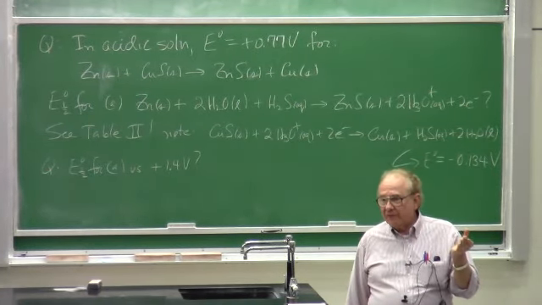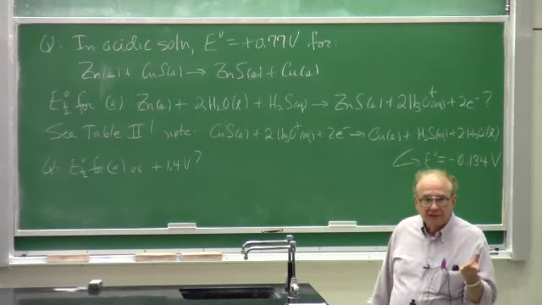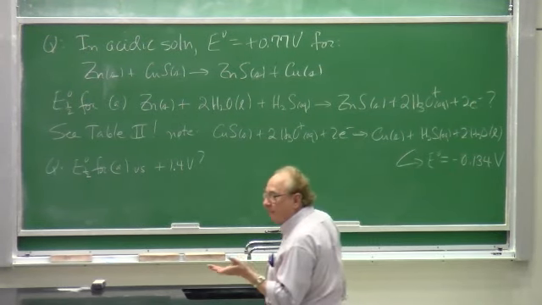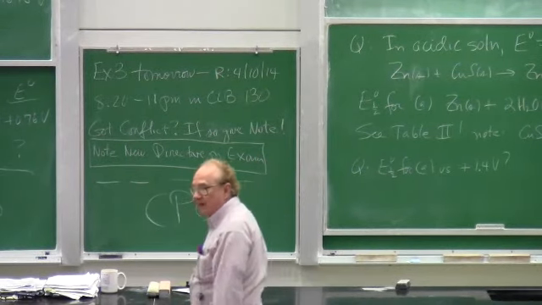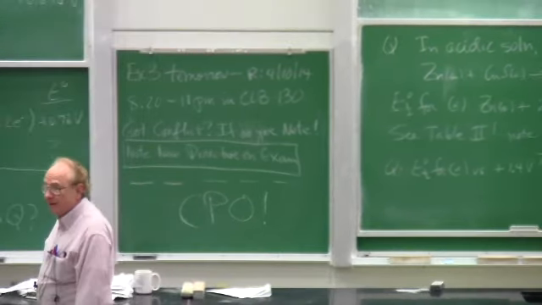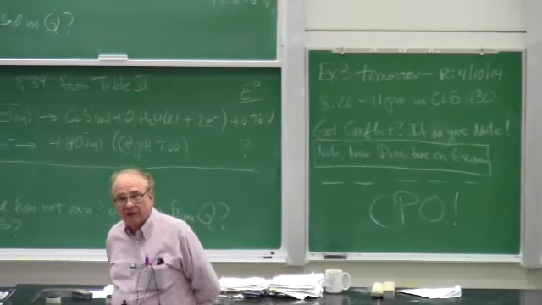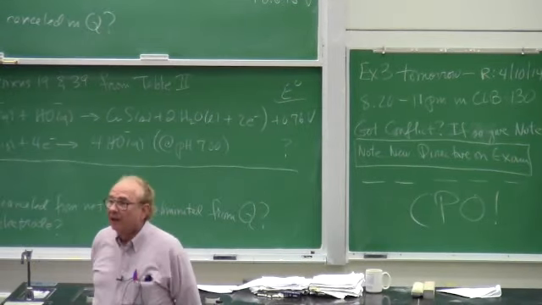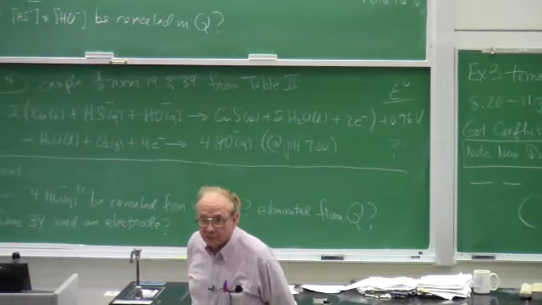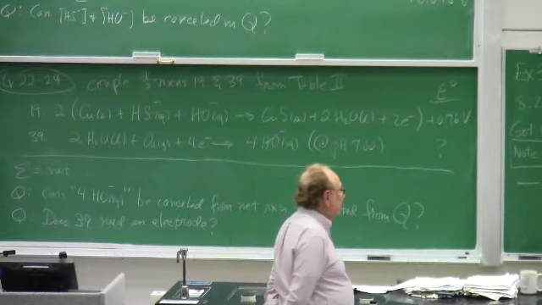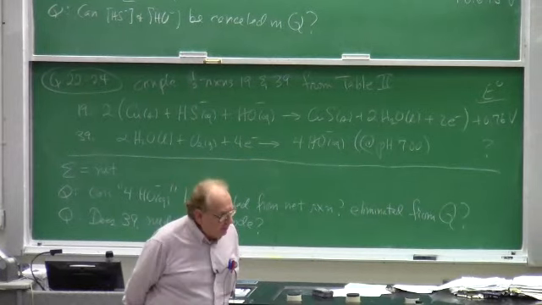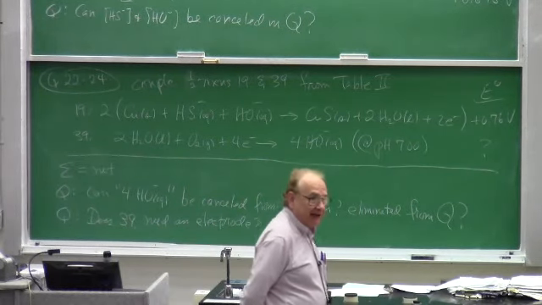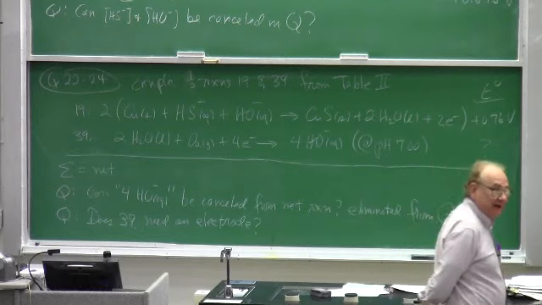If I'm going to run this half reaction under standard state condition, then I must have the hydronium ion 1 molar or the hydroxide ion 1 molar. Otherwise, I'm not at standard state conditions, right? One more example of why you need to know what standard state conditions require and correspond to. So this E value you just read me is not an E0 value.